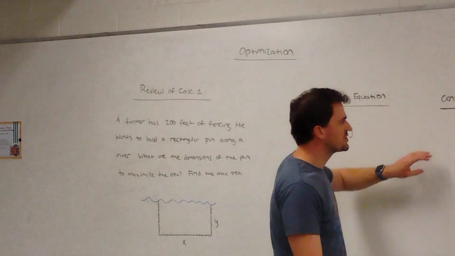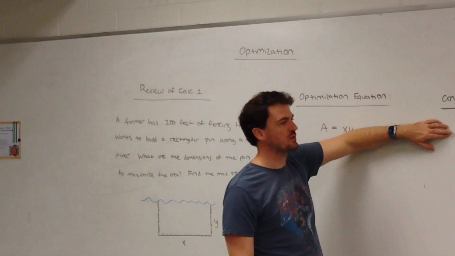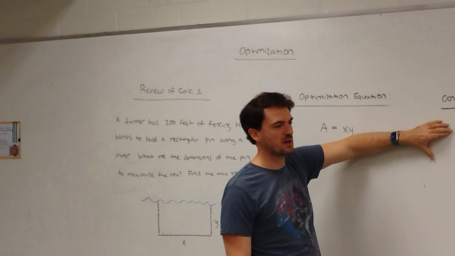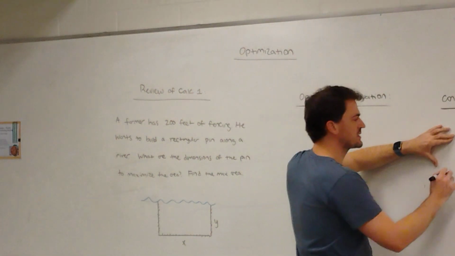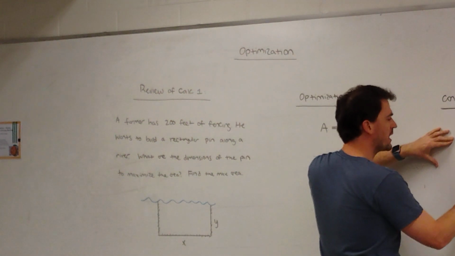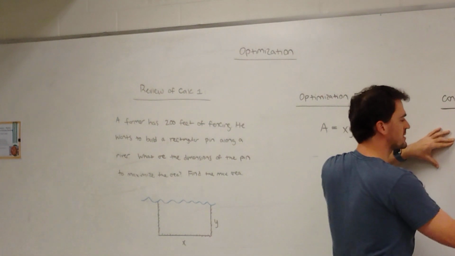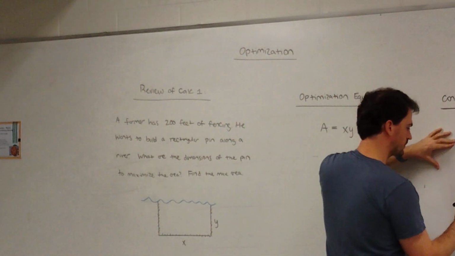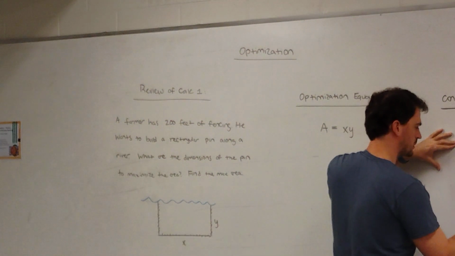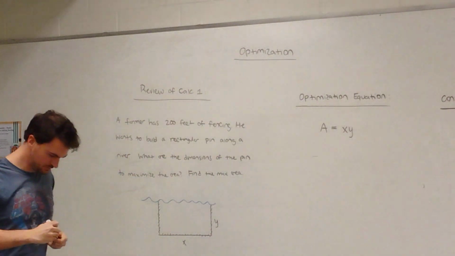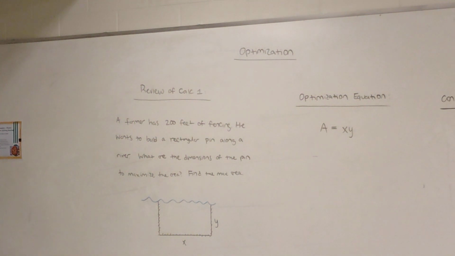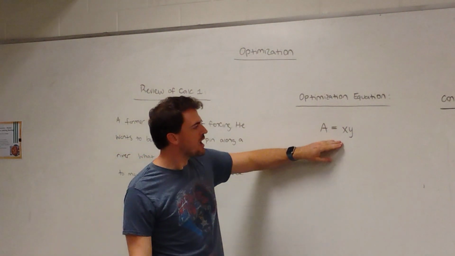Now, go ahead and solve your constraint equation for one of the variables. It doesn't matter which. For Calc 1, we're familiar with working with x's, so maybe solve for y. Write this equation in terms of x. So now I have x times y.